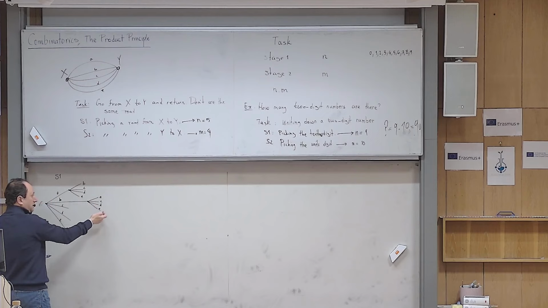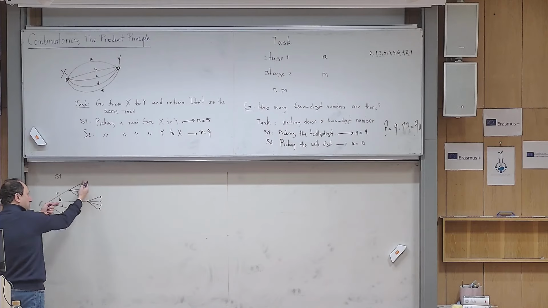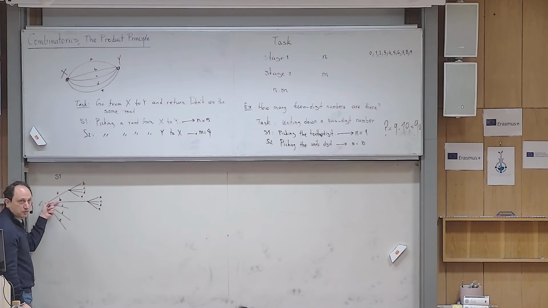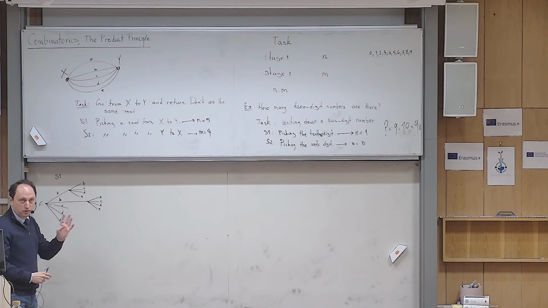You see, the way that I can do the second stage is not independent from the first stage. If I choose A, these are my options. If I choose B, these are my options, which are different from the previous options. But the important thing is that the number of options is still 4.